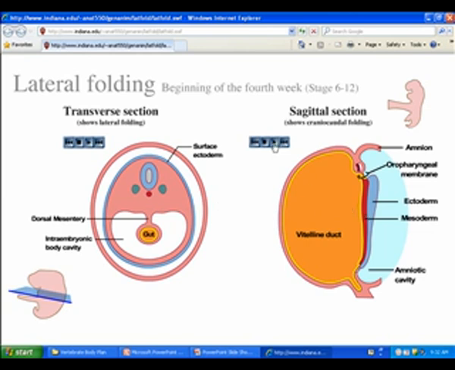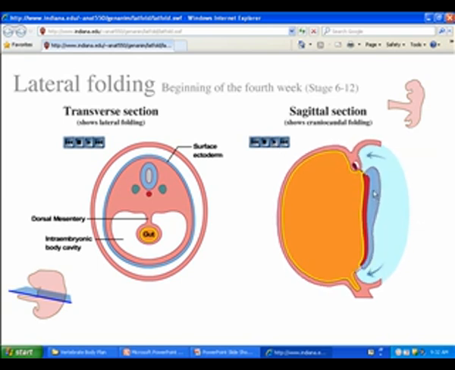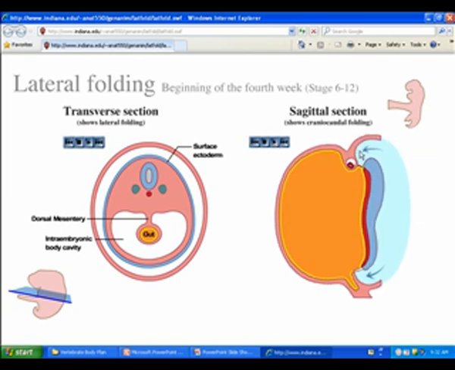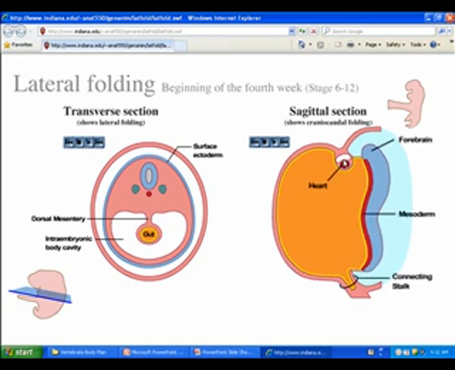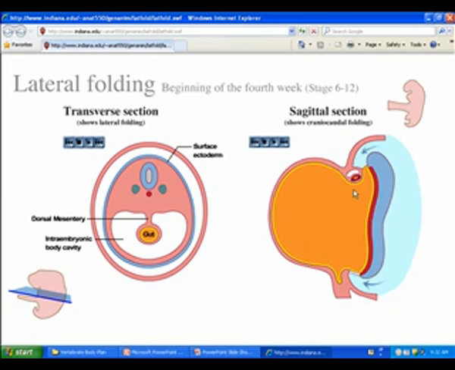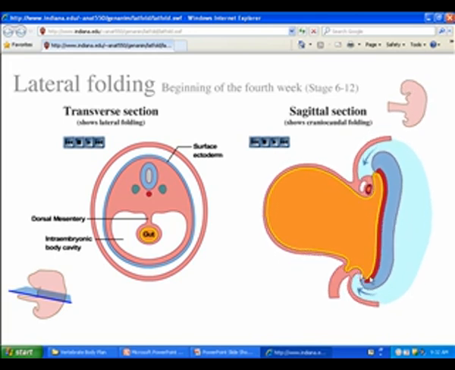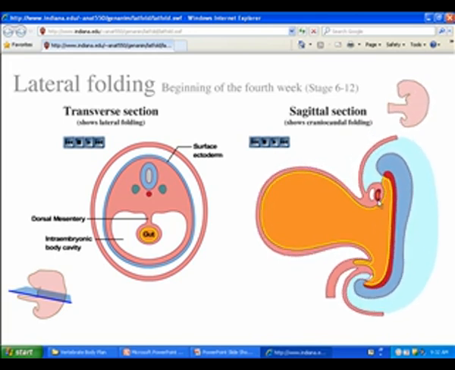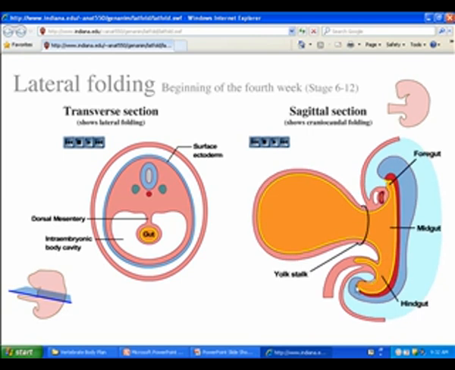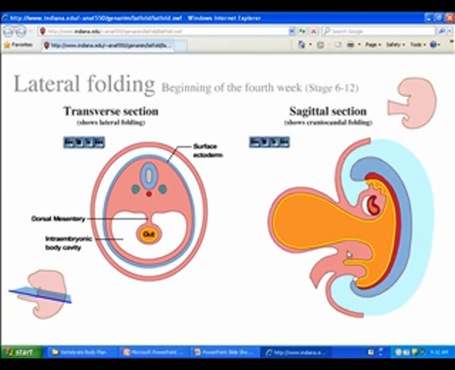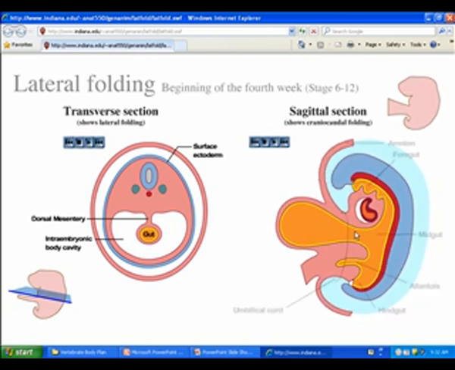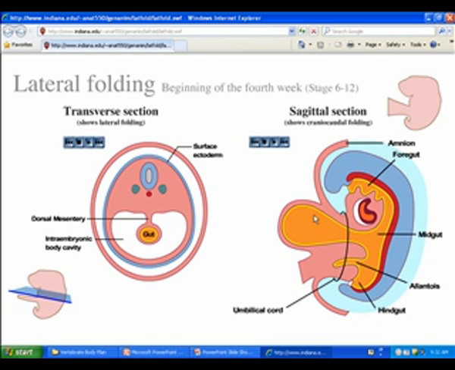And as we look at this process, we can notice that the brain grows forward rapidly. As it does so, it will move the prospective heart tissues in a more caudal direction. It will form two outpocketings of the gut tube, which will be the foregut and the hindgut, and it will then leave the midgut in communication with the yolk sac.